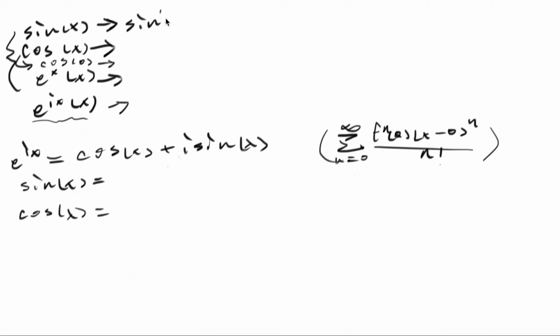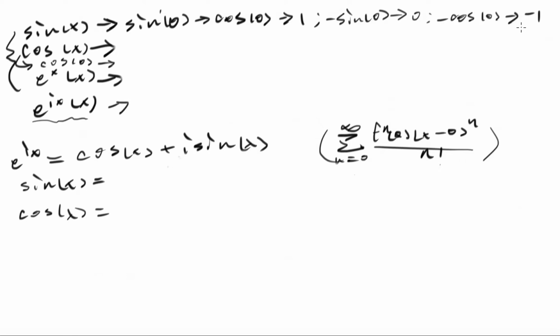The first derivative of sine is going to be cosine at 0, which is 1. Negative sine at 0, which is the derivative of cosine, is going to be 0. And the next one is going to be negative cosine at 0, which is negative 1.